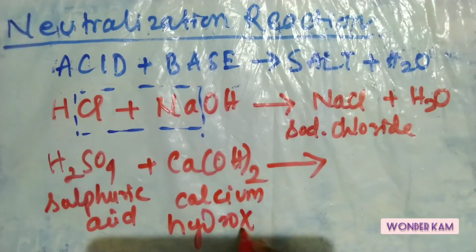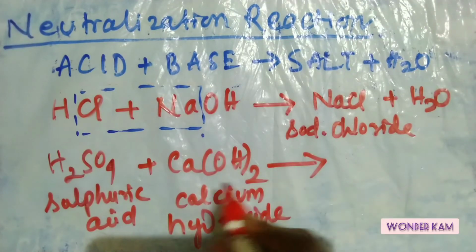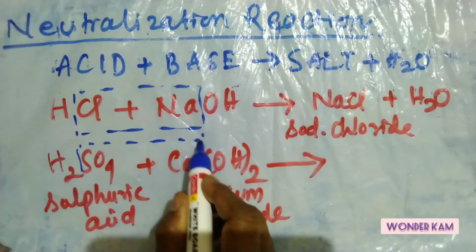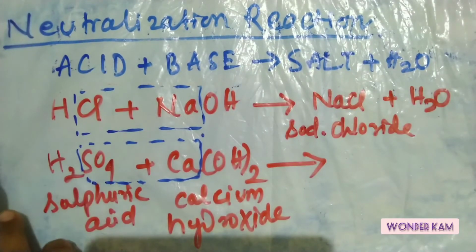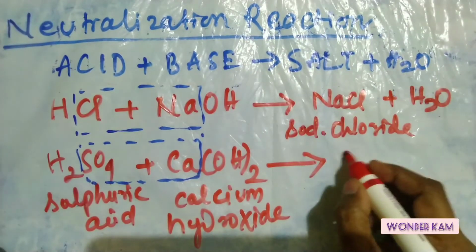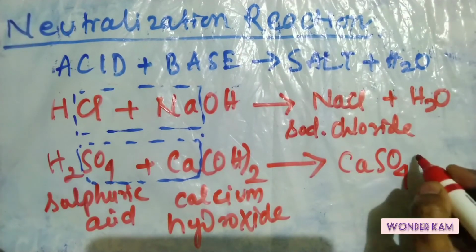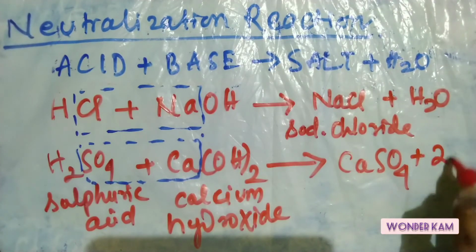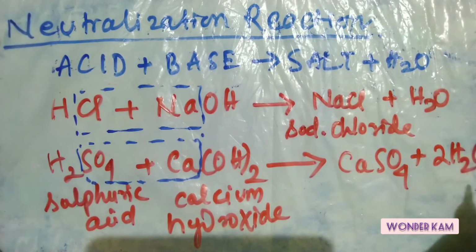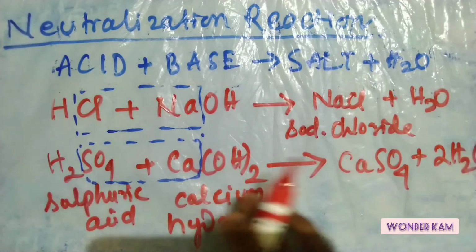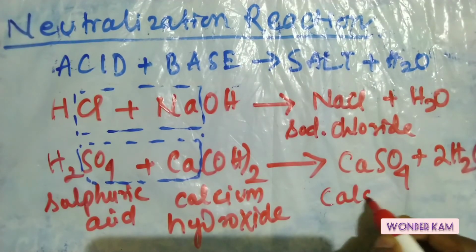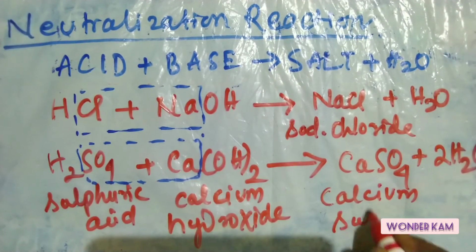They will give the product calcium sulfate plus 2 molecules of water. You will see that this is balanced: 4 hydrogen here and 4 hydrogen there, 2 oxygen here and 2 oxygen there. So this is your calcium sulfate.